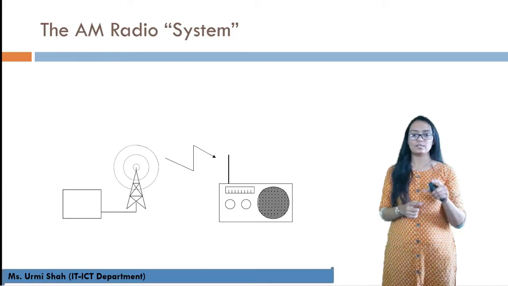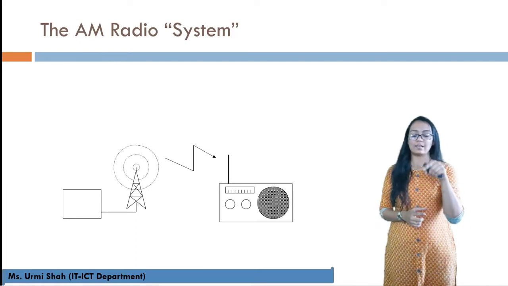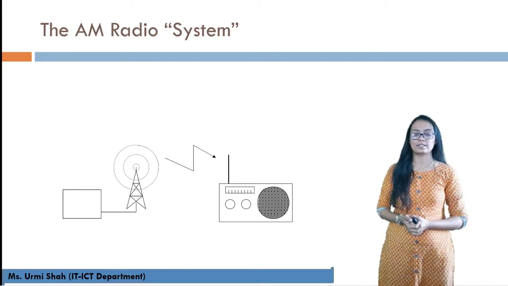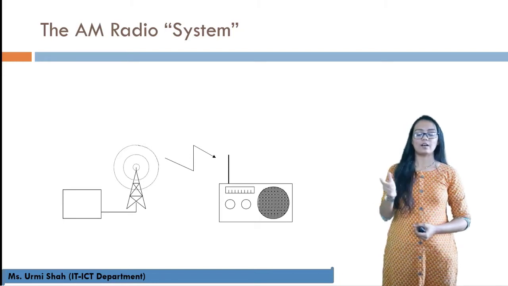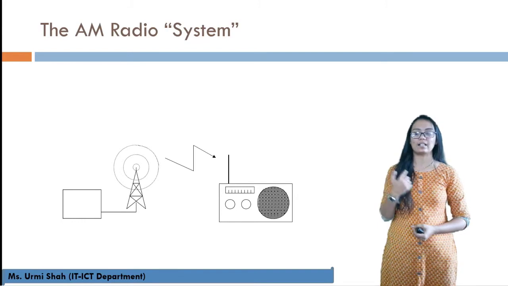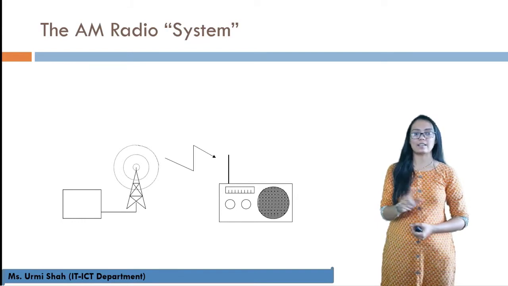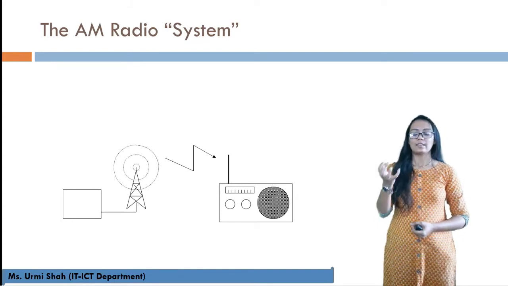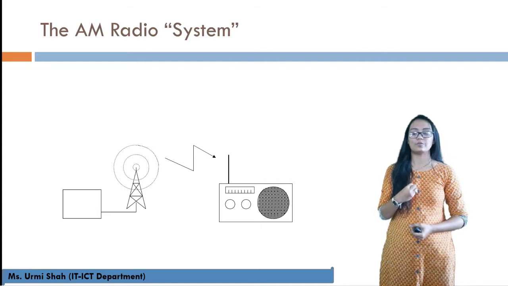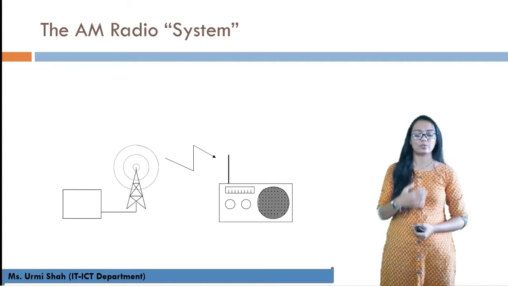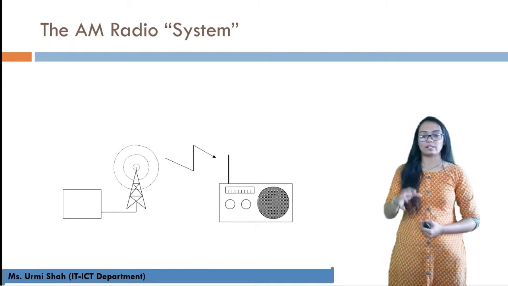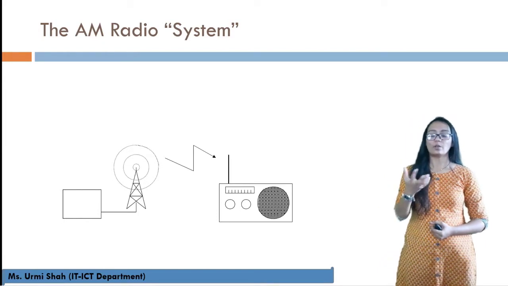So your radio is going to be an antenna with that steel stick, and from the available signals in the current region or surrounding of that radio, it is going to capture the frequency, and that is going to generate the noise, or it is going to generate the voice or audio signal.